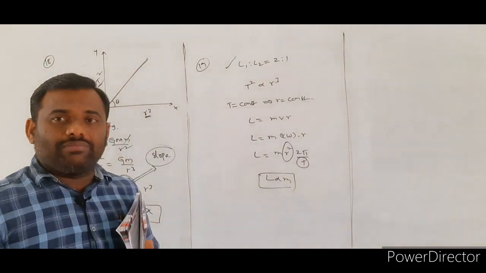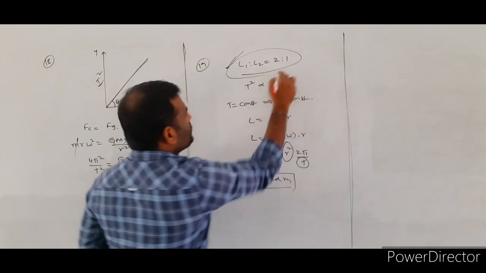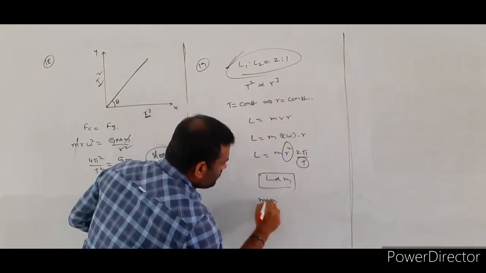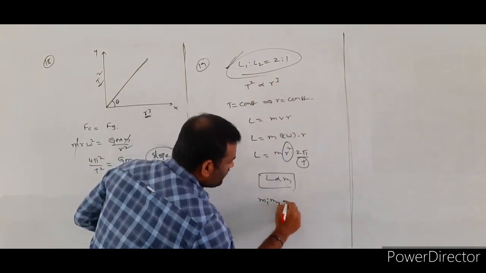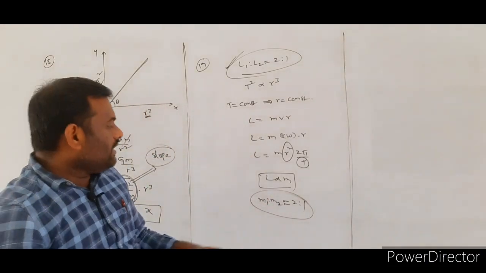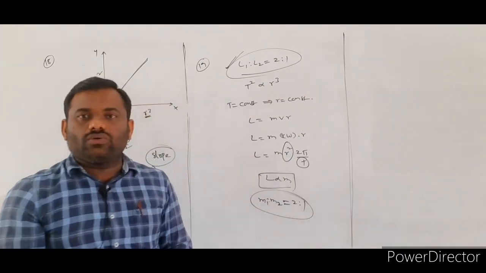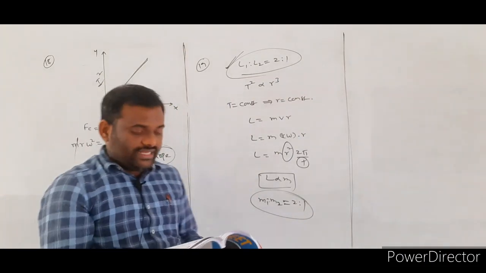Angular momentum is directly proportional to m. If L1 and L2 are in the ratio of 2:1, the masses are also in the ratio of 2:1. So m1 is to m2 is equal to 2:1. Like this we have to solve numerical number 19.